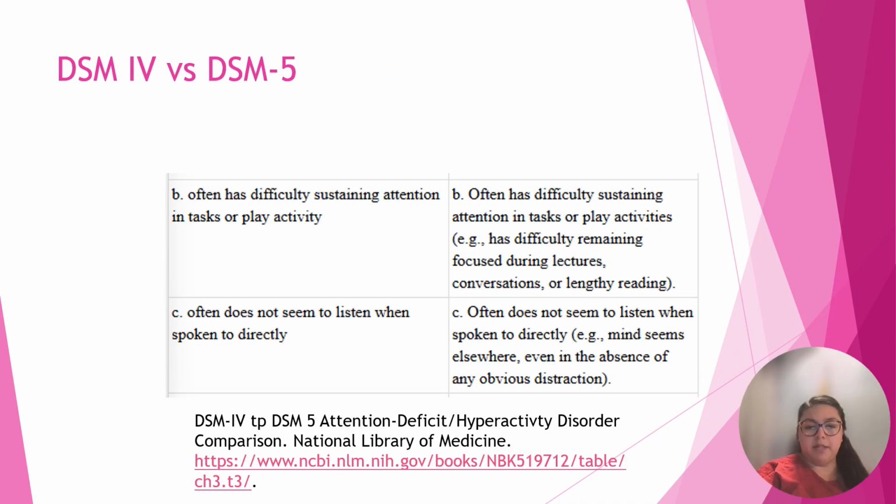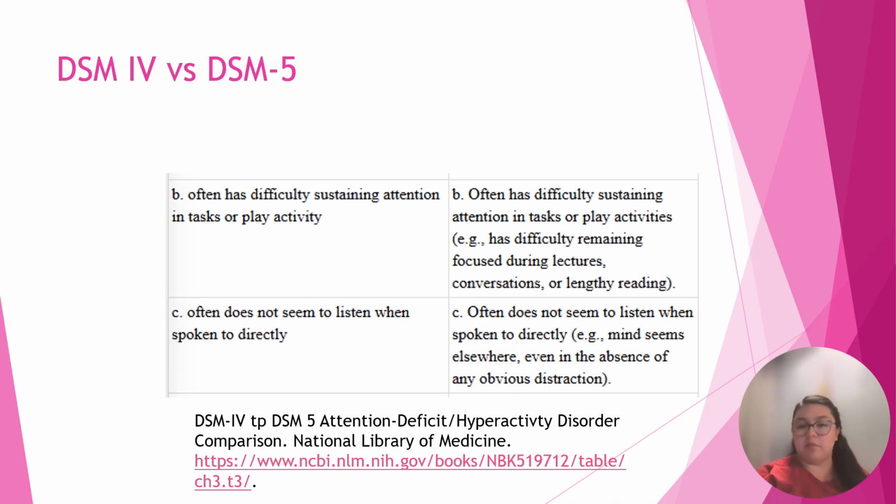So here I put in the difference between DSM-4 and DSM-5. Often has difficulty sustaining attention, this is criteria B for ADHD. So in DSM-4, often has difficulty sustaining attention in task or play activity, versus DSM-5, which is often has difficulty sustaining attention in task or play activities.